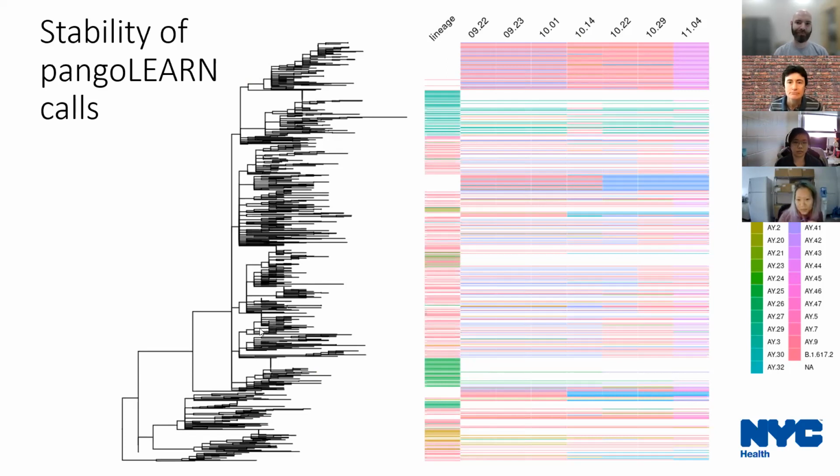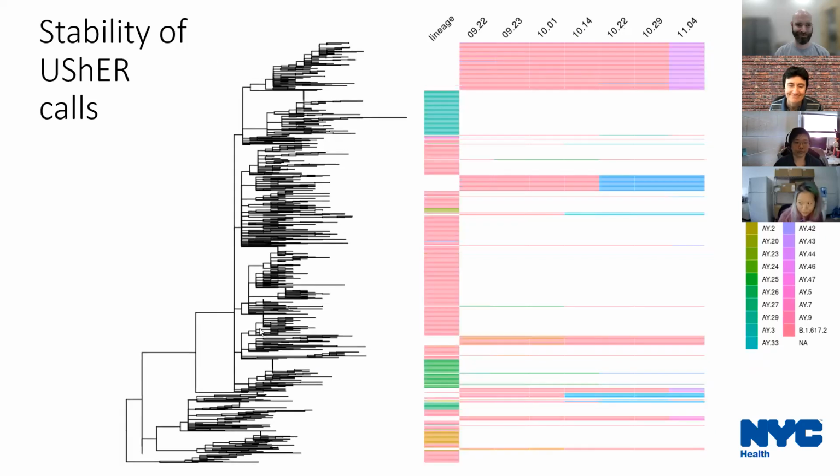But overall you can see that pangoLEARN calls are not very static, which I think we all knew already. When you compare this to UShER, this is what UShER looks like. There are a lot more samples that are static the entire time of this analysis. And when they do change, it's mostly that they were reassigned to a different lineage as we learned more.